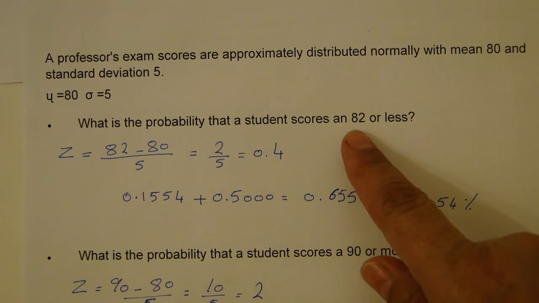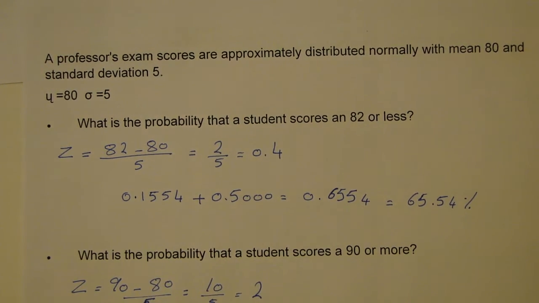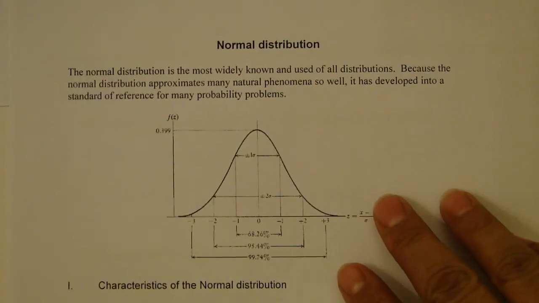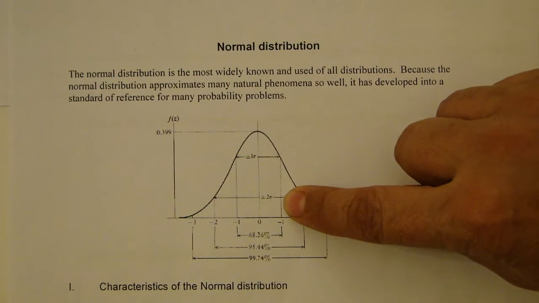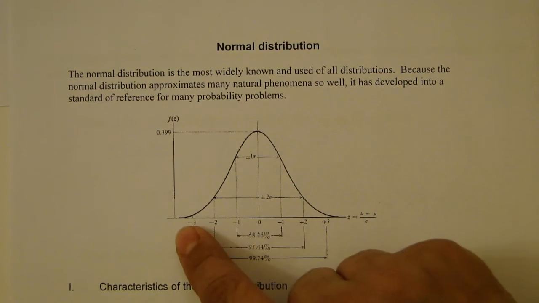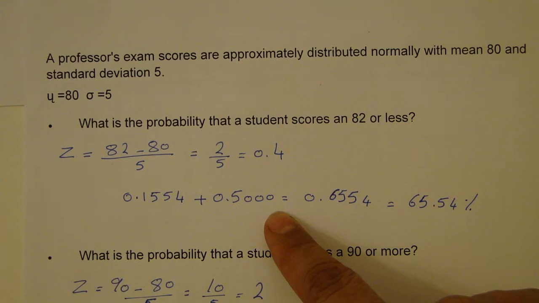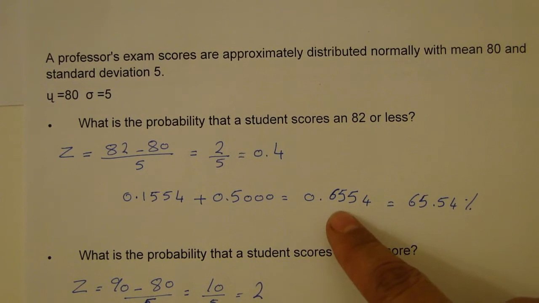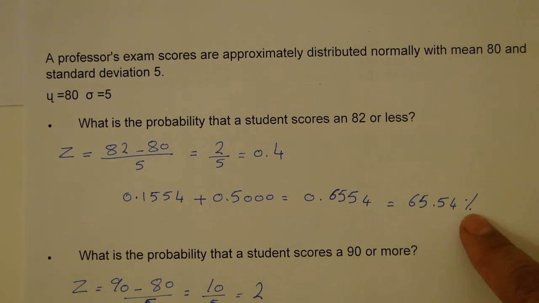But he says "or less," so I'm going to take all the part less than that from my bell shape. If 80 is here, then 82 is on this side, and I'm going to have all those who are less than 82, which means I'm going to add to my answer the 0.5, which I did here. So the total is 0.6554, which is 65.54%.